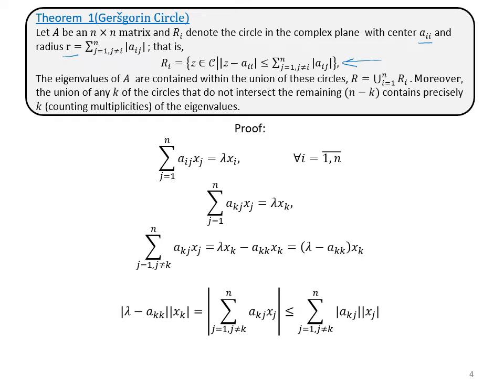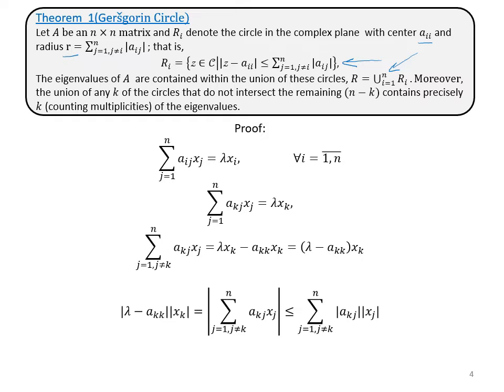The eigenvalues of matrix A are contained within the union of these circles. Moreover, the union of any k of the circles that do not intersect the remaining n minus k contains precisely k of the eigenvalues, counting multiplicities.